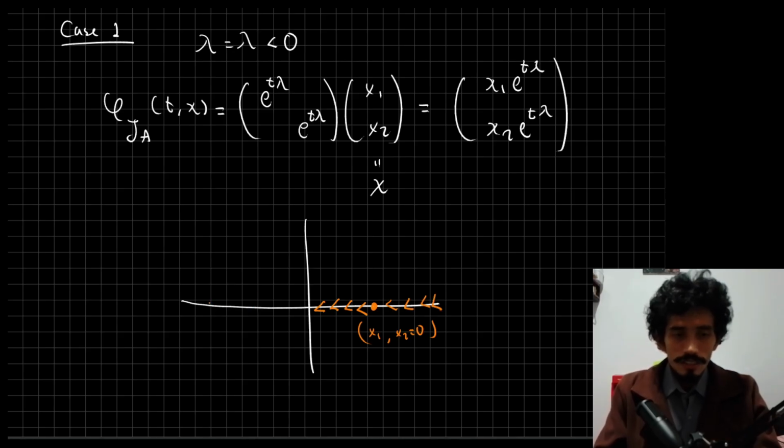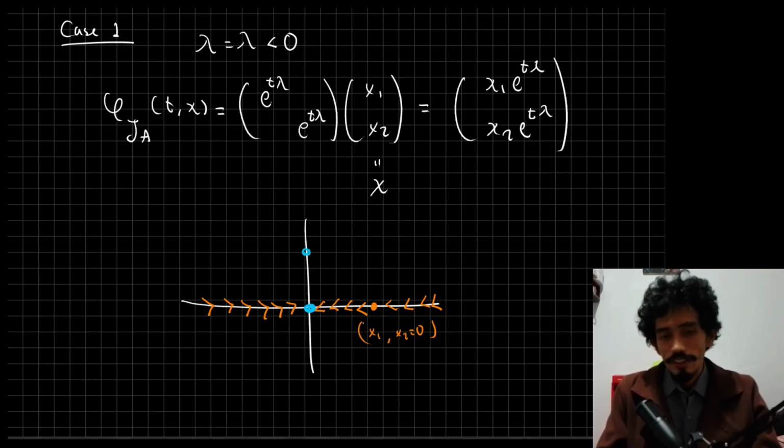Similarly, we can show that for the other branch of this axis, the flux goes like this, and you know that the origin always stays at the origin. For a point in the other axis, the situation will be similar because the eigenvalues were equal.